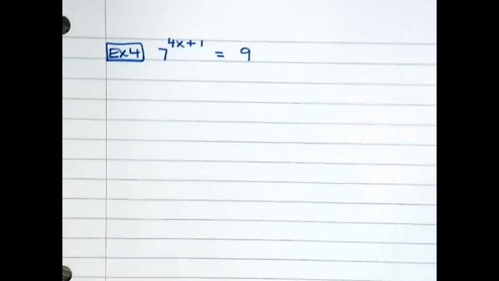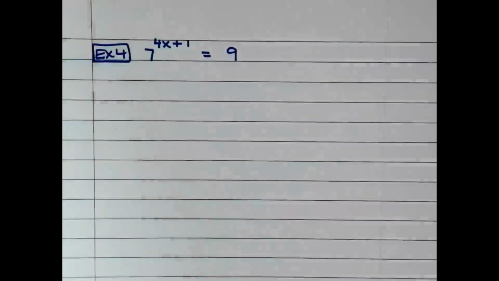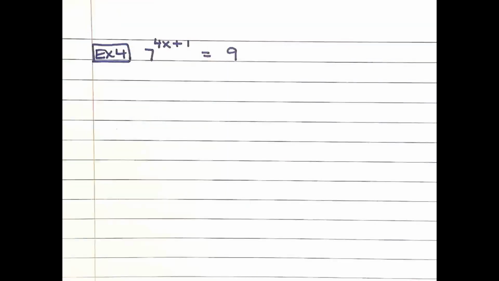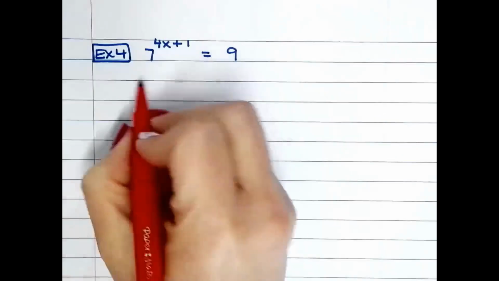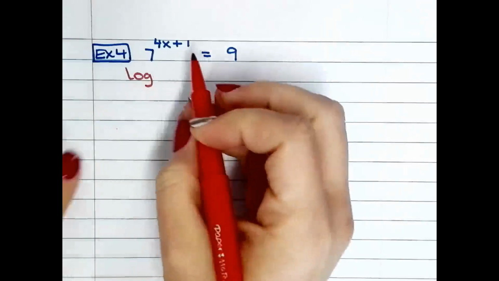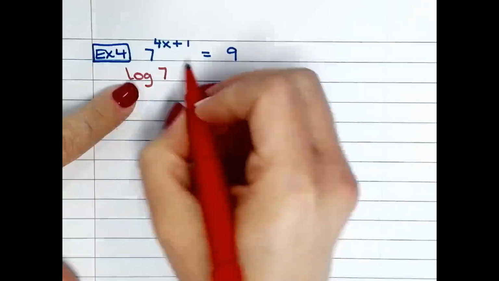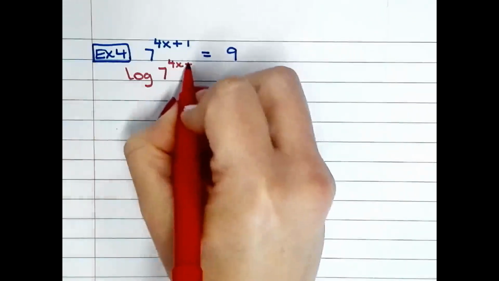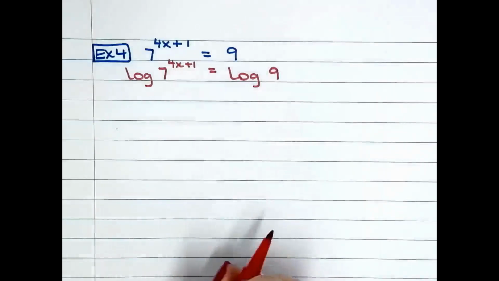One more. Okay, so now I have this whole thing. We're still following the same idea. The term containing the exponent is already isolated, so I can just go ahead and multiply both sides by common log. So I have log of 7 to the power of 4x plus 1 equals log of 9.